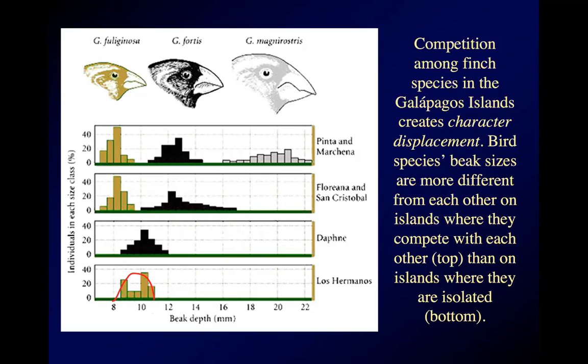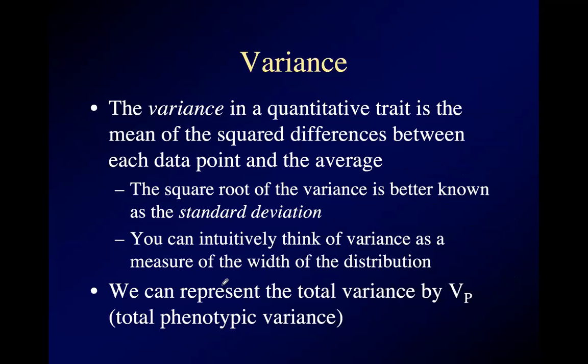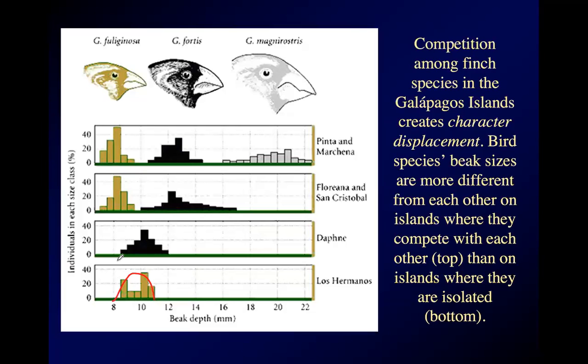It's not fuliginosa. I believe it's Geospiza fortis. Sorry, hang on. Let's go back. And on Daphne, fortis has this bell curve distribution of beak size, and it overlaps with fuliginosa on Los Hermanos. On islands where the two don't coexist, they have very similar beak sizes. Over here on Floriana and San Cristobal, both of these birds coexist and the beak sizes don't overlap.